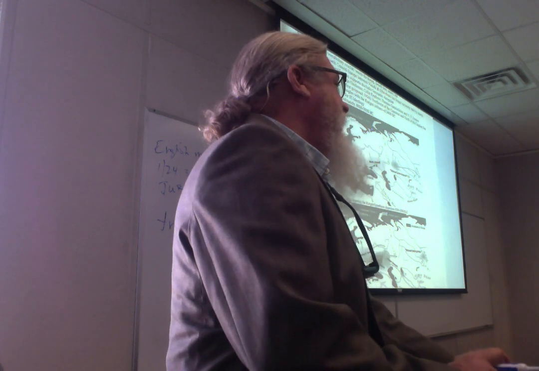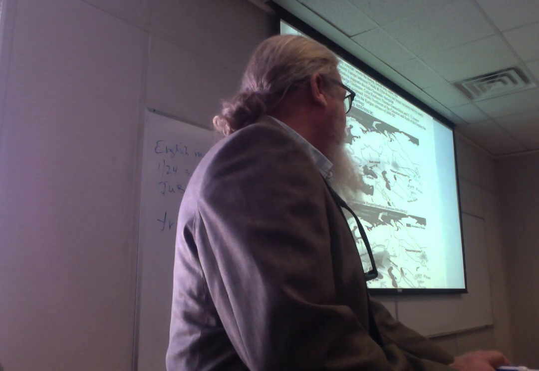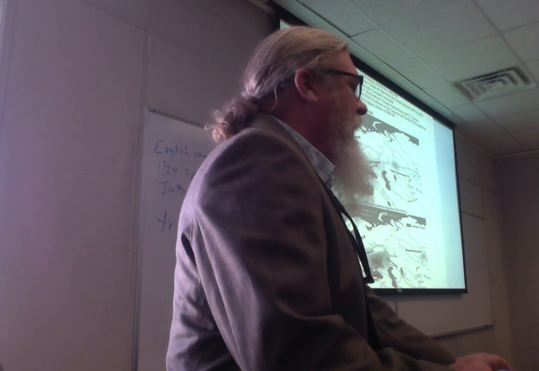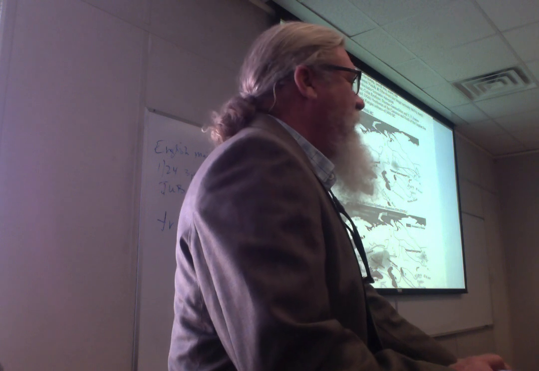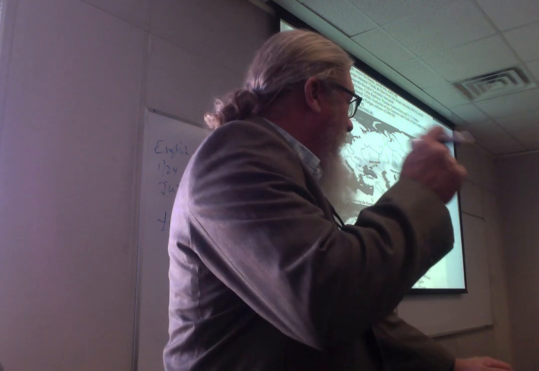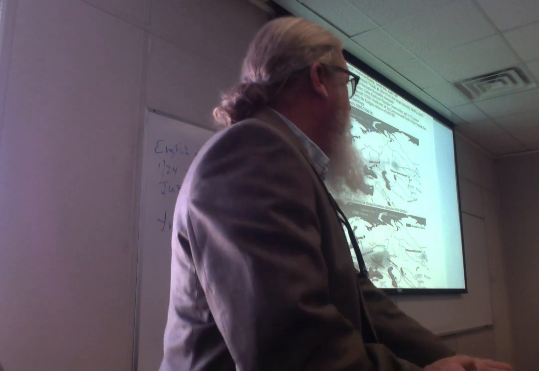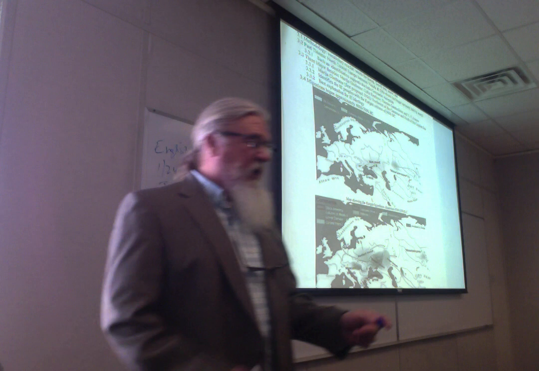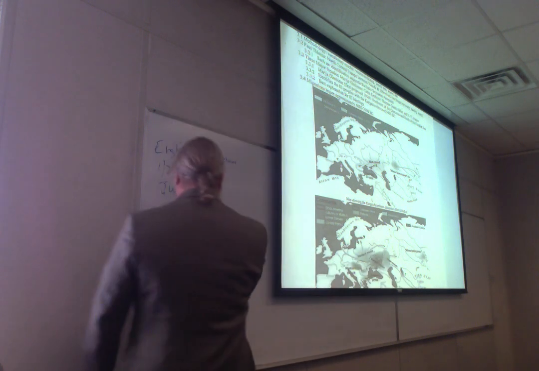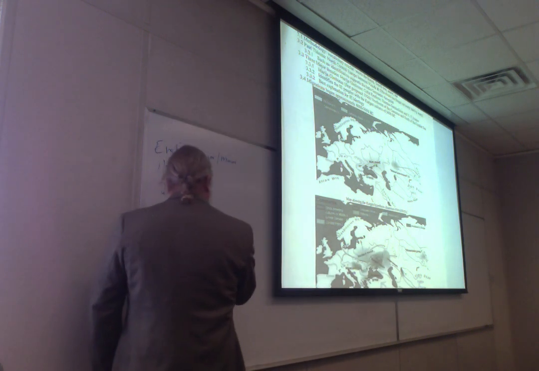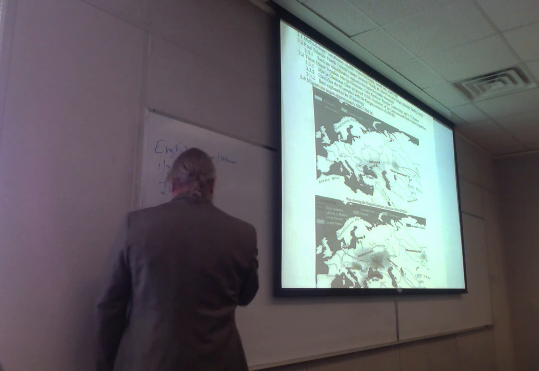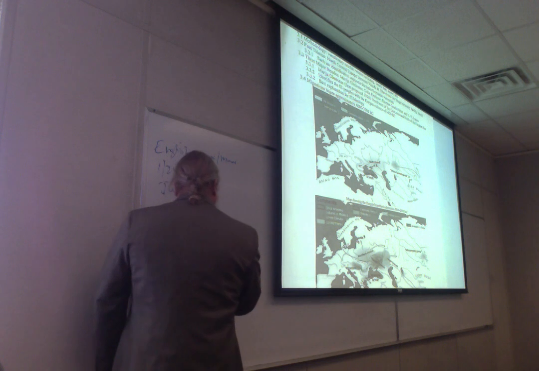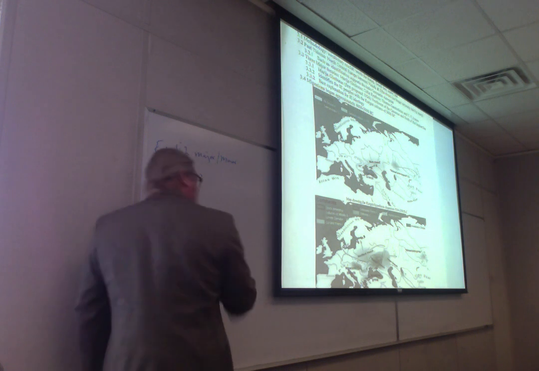What was the genius of the American founders? The Constitution. The Constitution is divided into what? Three parts. What are the three parts of government? Executive, legislative, judicial. These have their corollaries in Indo-European thought. The Indo-European structure was king, chieftain, priest, religious class. What do you think's the third?